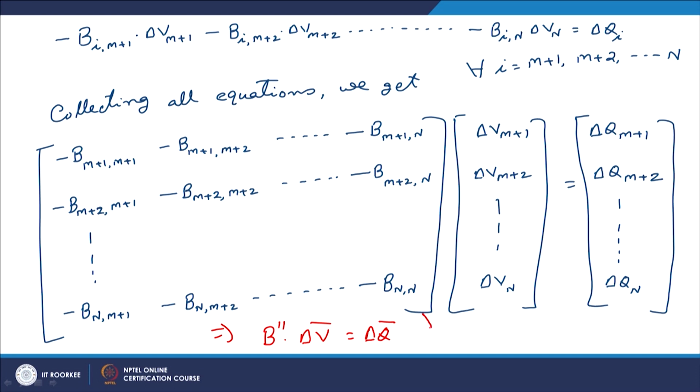So, this is the B double dash matrix, this is a matrix, this is the delta V vector, this is the delta Q vector. Again, this B double dash matrix is a constant matrix, it is only constituting of the negative of the imaginary part of the elements of the bus admittance matrix.